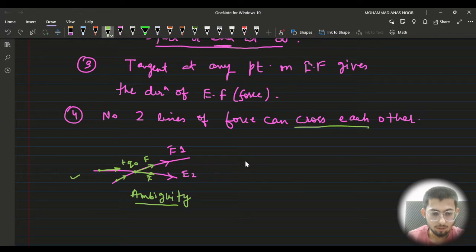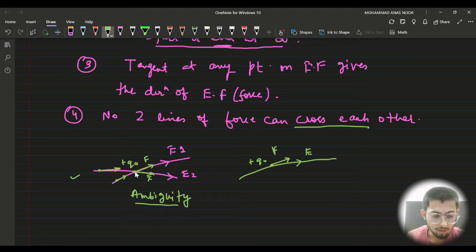We said that at any point on the electric field line, the tangent gives the direction of the force. If you place a charge here, you are getting two directions, because two electric fields got intersected at this point.